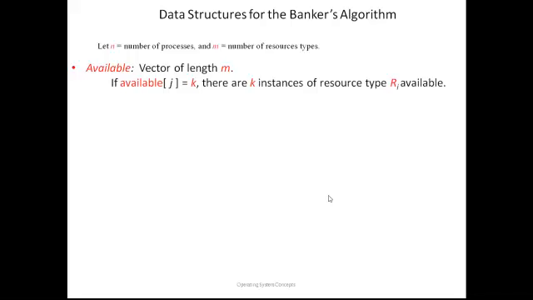Now, how is the data structure available for the Banker's algorithm? If n is the number of processes and m is the number of resource types, then available is a vector of length m. If available[j] is equal to k, then the meaning is there are k instances of resource type Rj available.